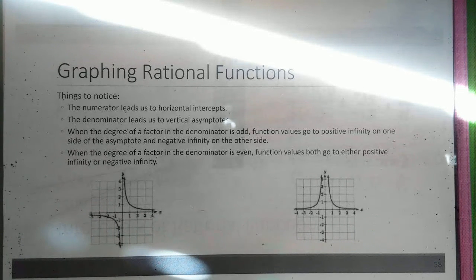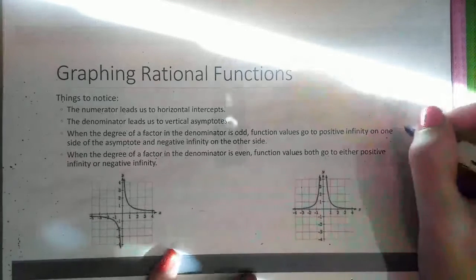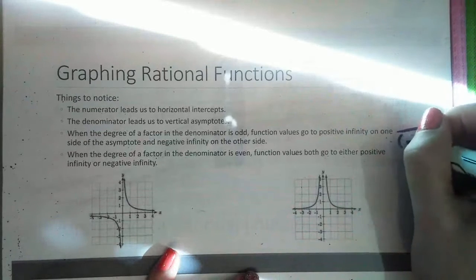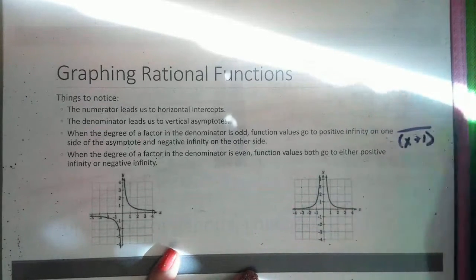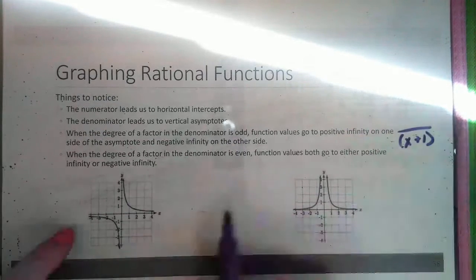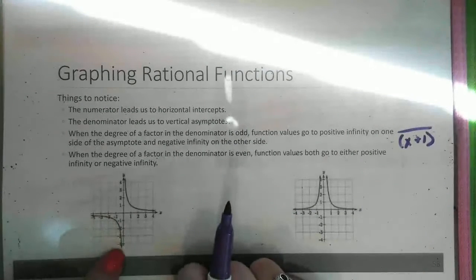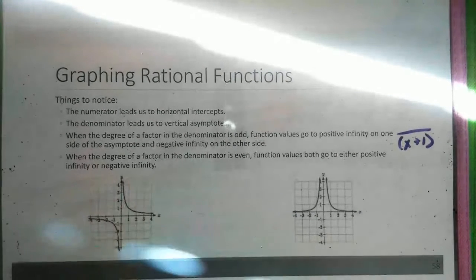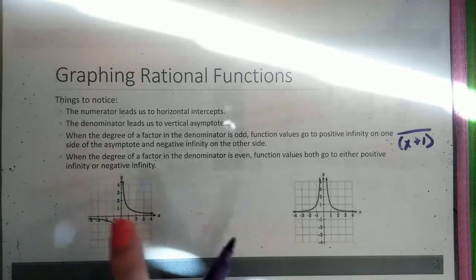So what that's saying is if your rational function is something over x plus 1, then at x equals negative 1, you're going to go towards negative infinity on one side and positive infinity on the other.